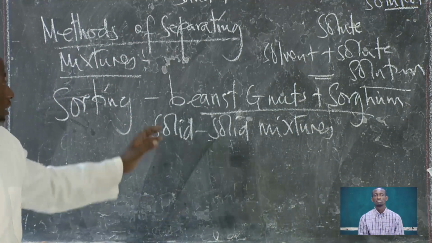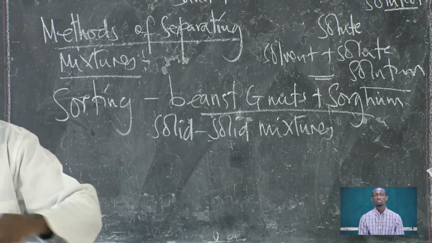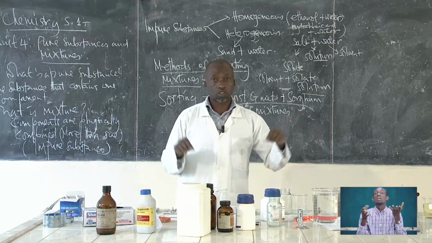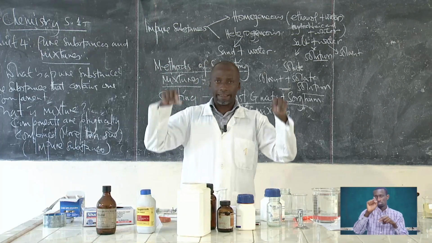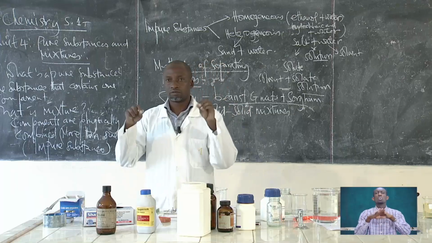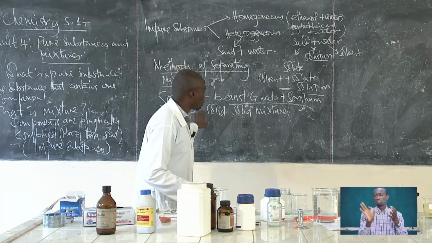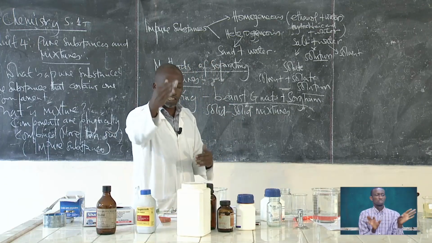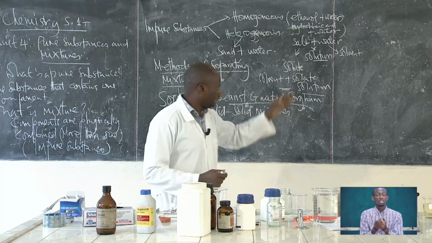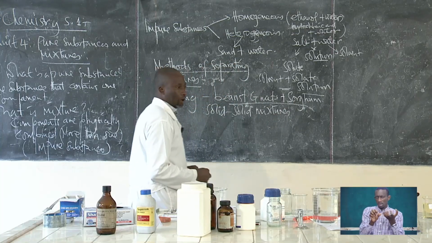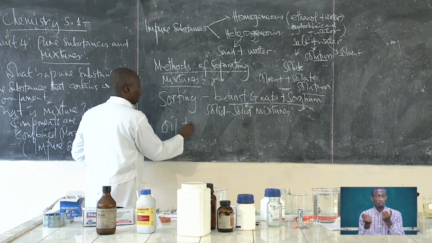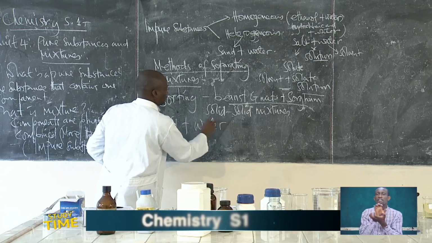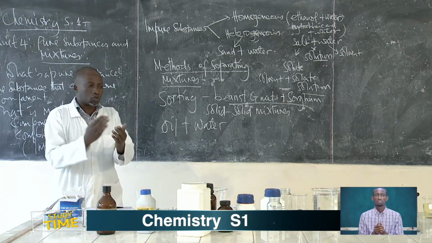So here, I said picking or sorting. We call it sorting by use of your hands, manually. That is sorting. We are just going to look at other mixtures. One of them that we looked at was oil and water. They are mixed together.